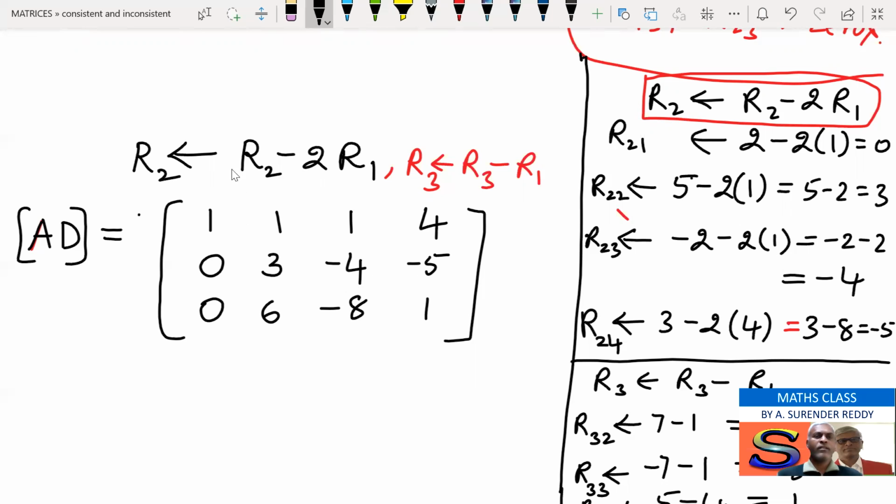We are applying suitable row transformation for second row and third row, such that the first elements should become 0.